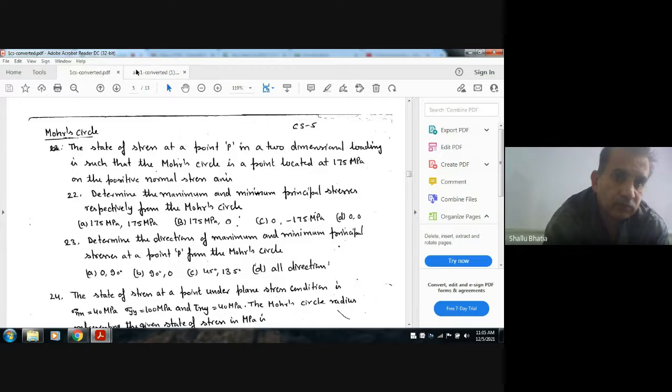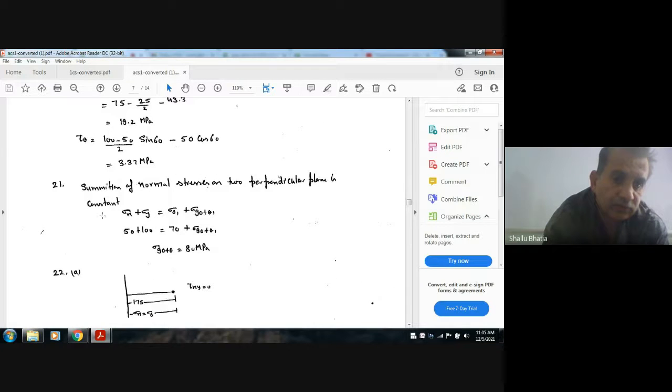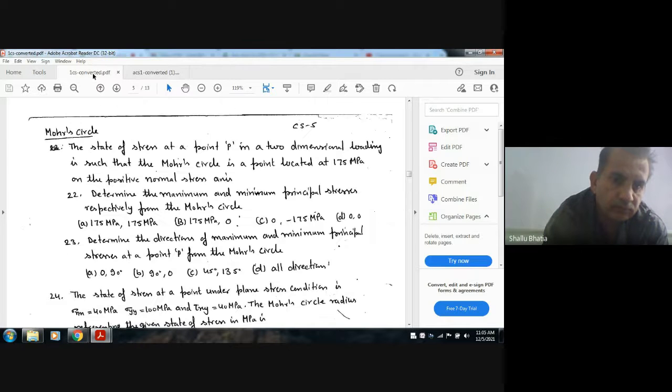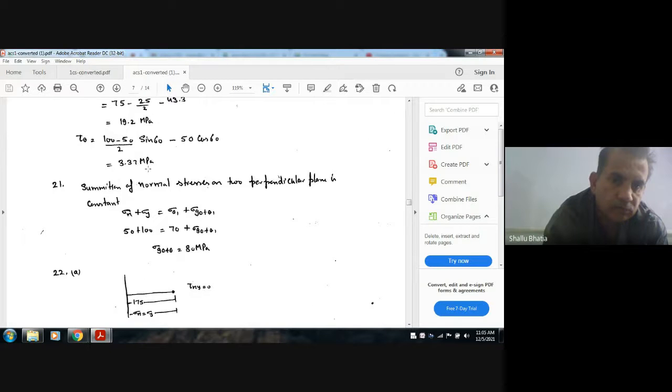So given that the Mohr circle is a point at 175 MPa on the positive normal stress axis, this is the Mohr circle at 175 MPa from the origin.